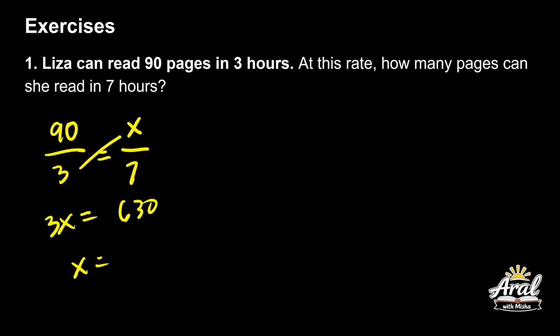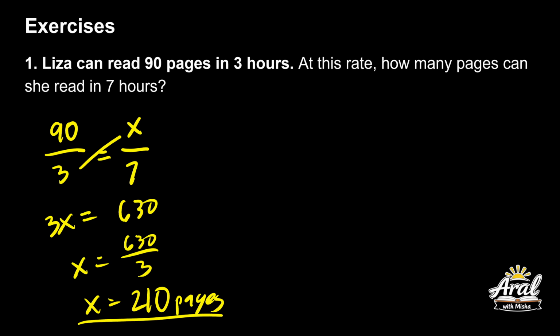So, X is equals to 630 divided by 3. Okay. So, that's 210. So, 210 pages in 7 hours.